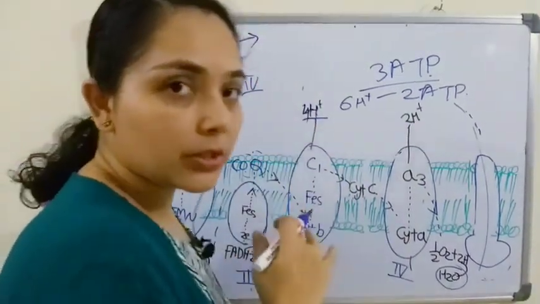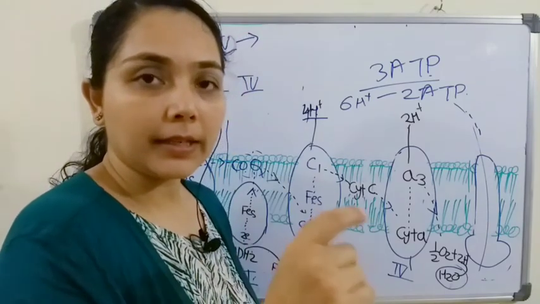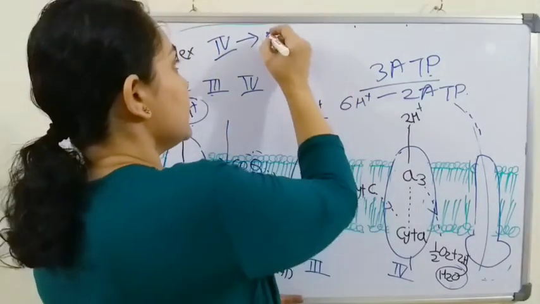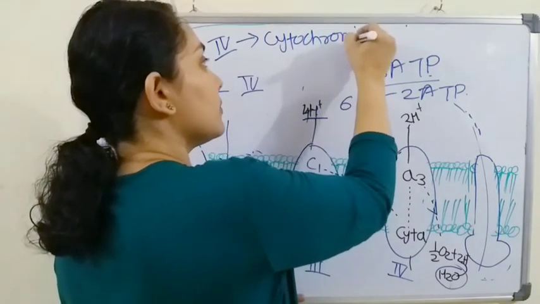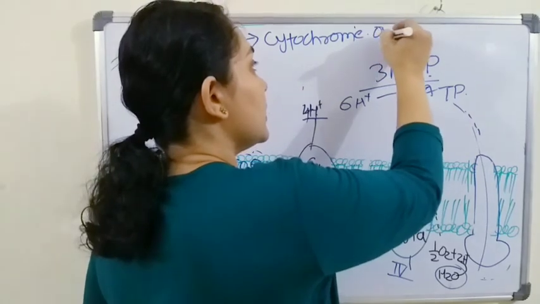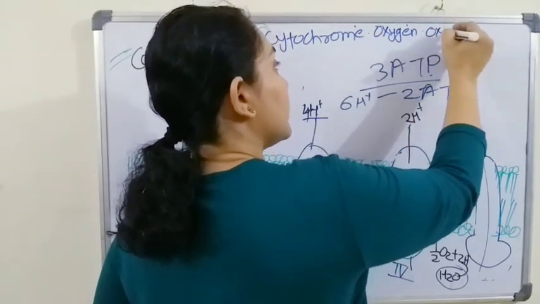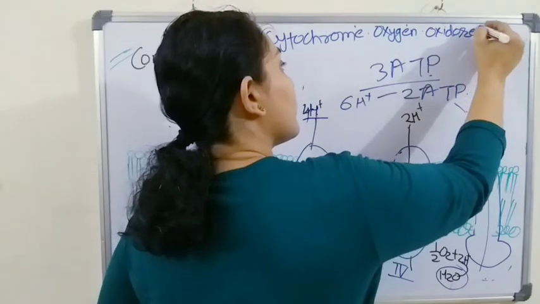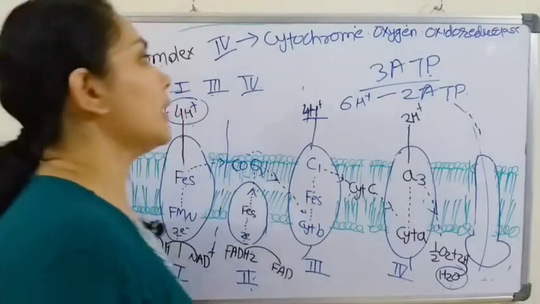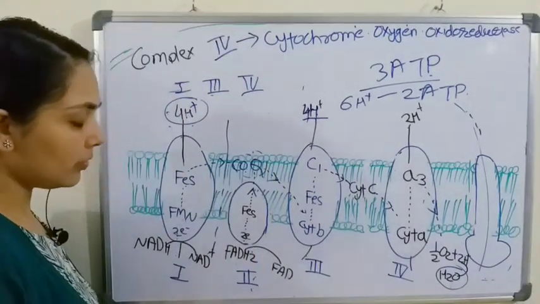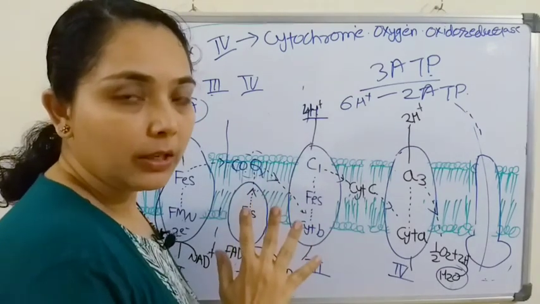Like we just discussed, the substance which is oxidizing, we write its name first. So it is cytochrome oxygen oxidoreductase. So these are the 4 complexes of the electron transport chain.